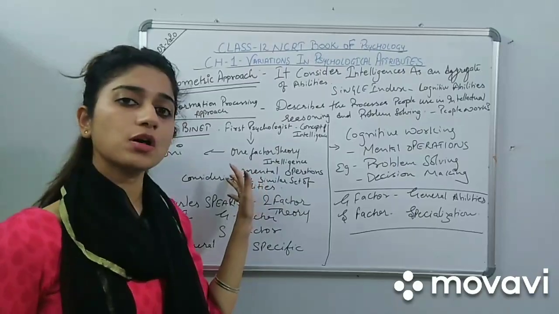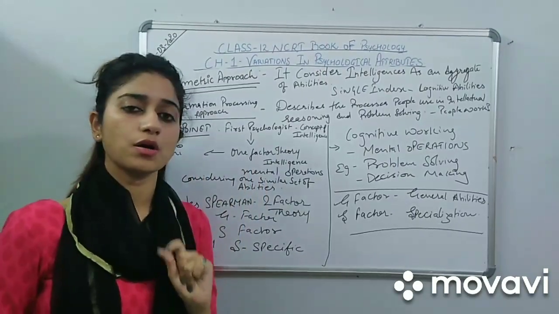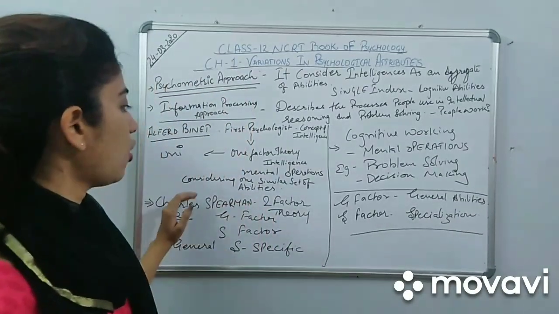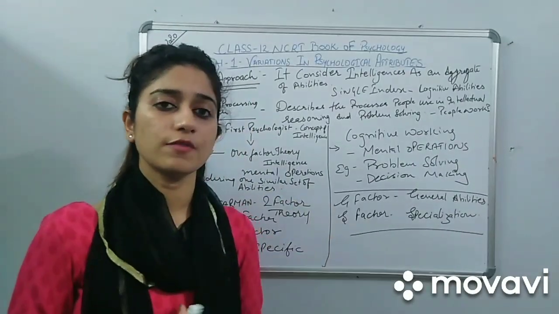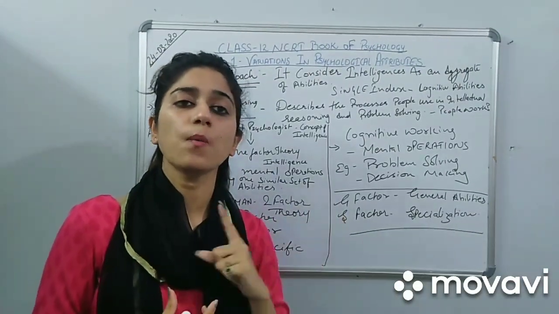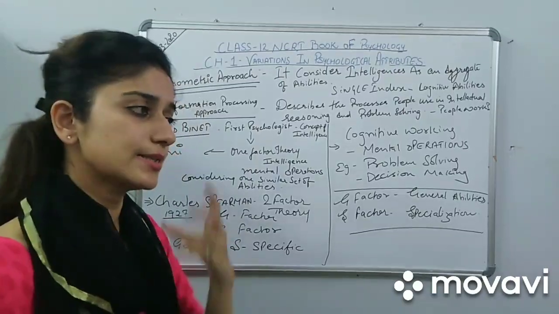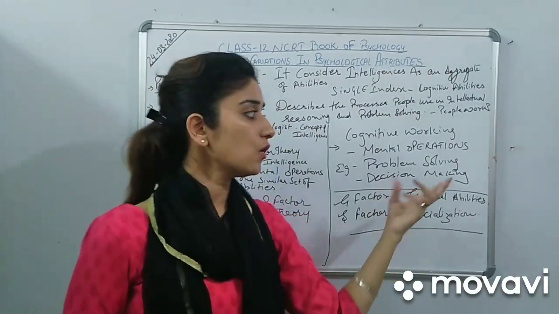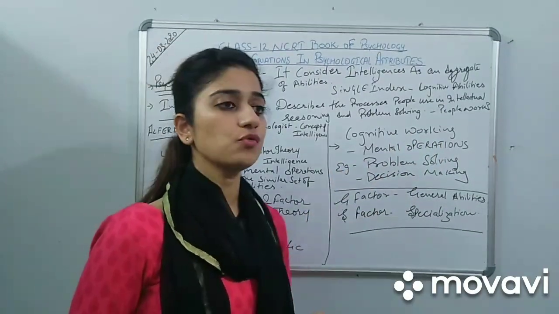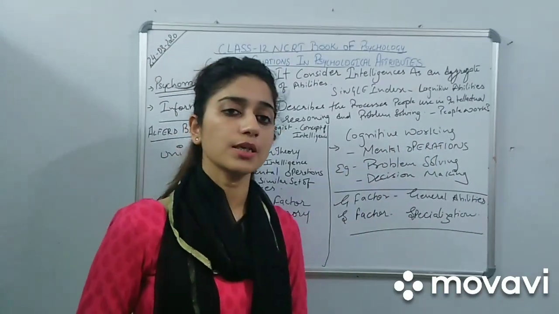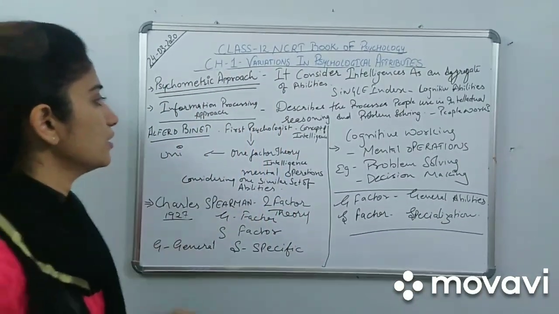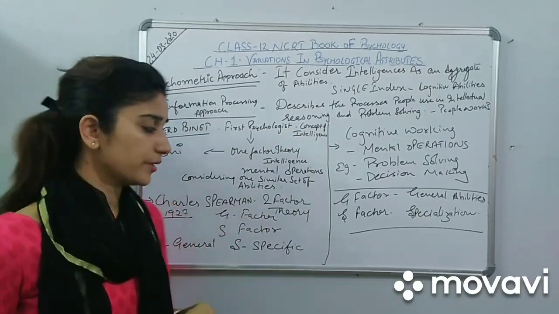In this he talked about only one factor, the combination of mental operations, considering all abilities as a similar set related to only one factor, that is intelligence, our cognitive working. How we solve problems, how decision making takes place, all that was considered under Alfred Binet's one factor theory.